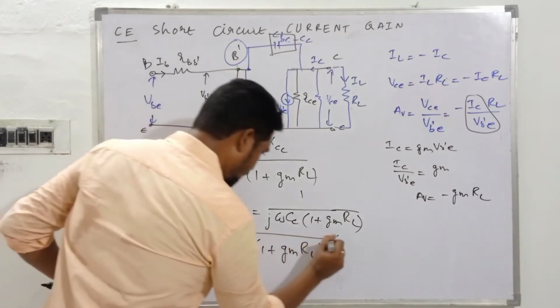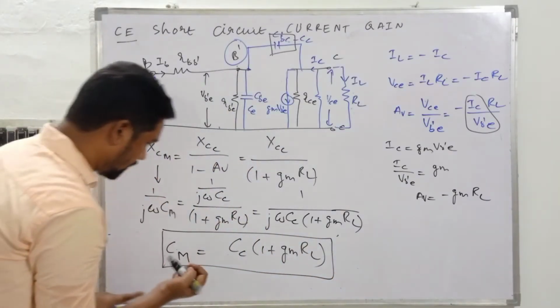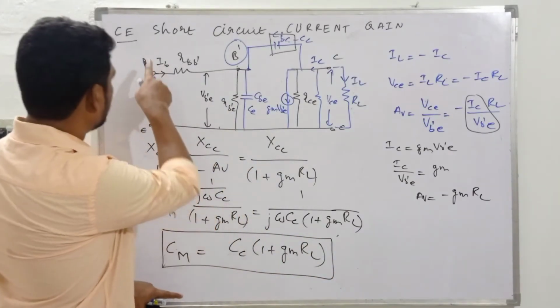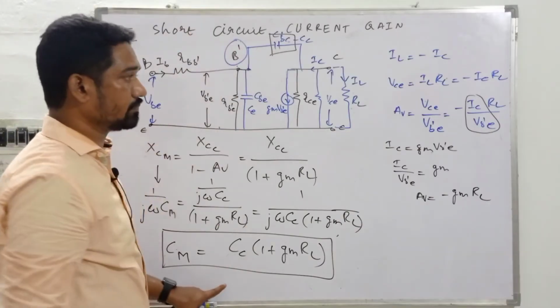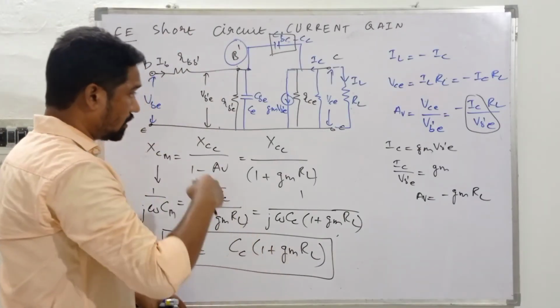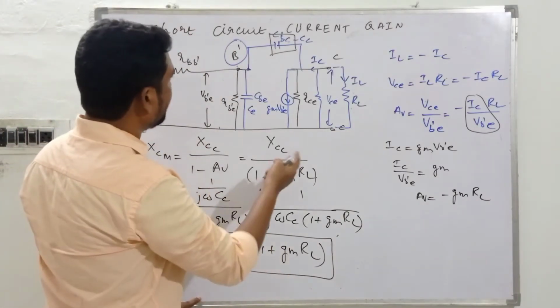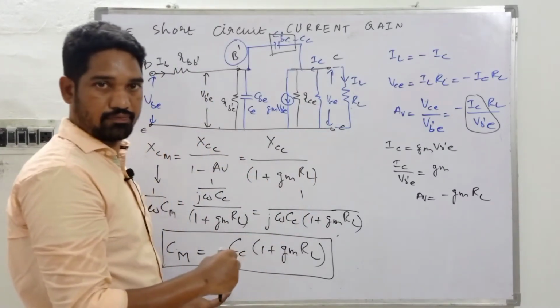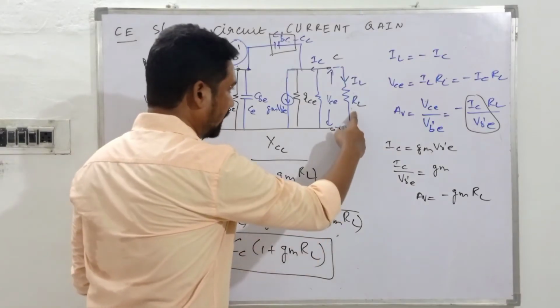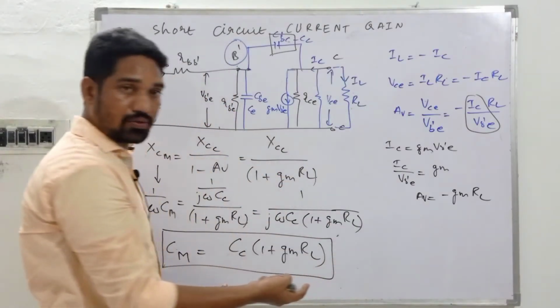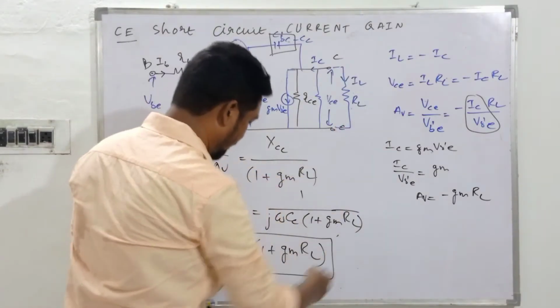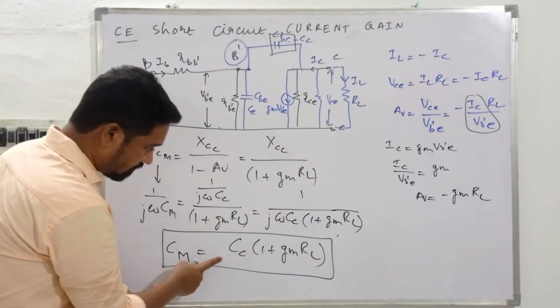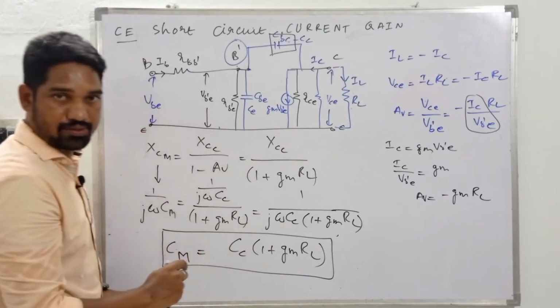Remember, this is a very important equation which has to be made use of in two analyses: CE short circuit current gain, and also CE current gain of a common emitter amplifier with load resistance. We short circuit this one, analysis carried out, and we place this RL, and then we'll have to make use of this expression in both the analyses.